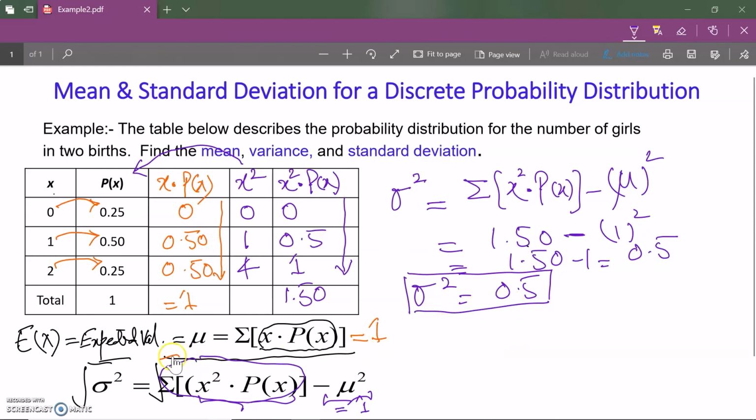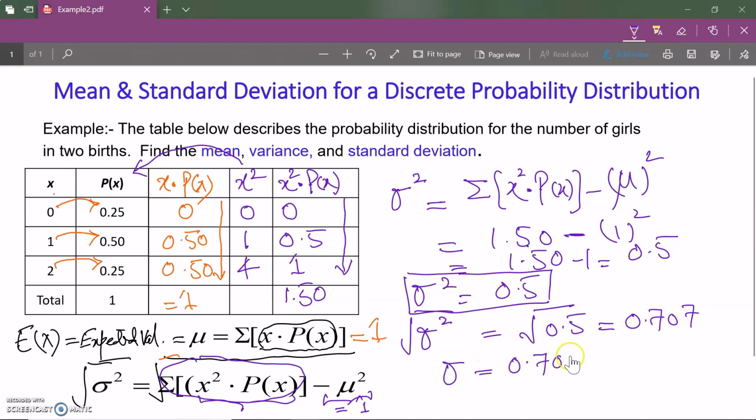Next, we compute the value of the standard deviation. The standard deviation is nothing but the square root of the variance. So we take the square root of 0.5, and it comes out to be 0.707.